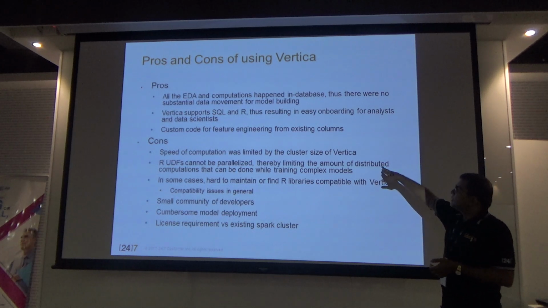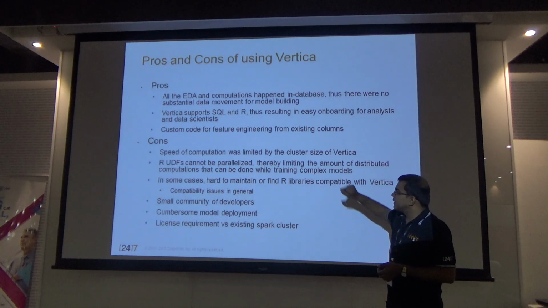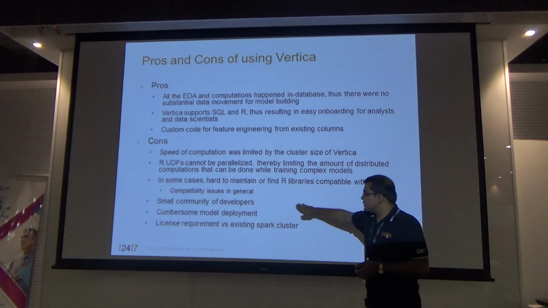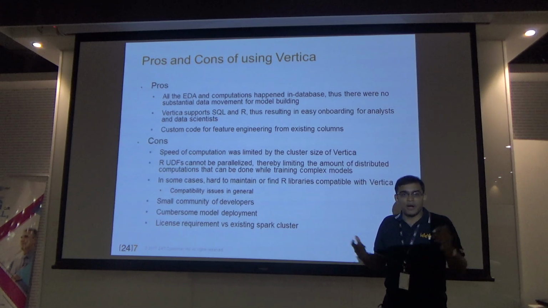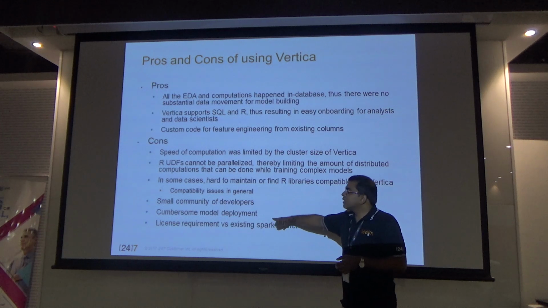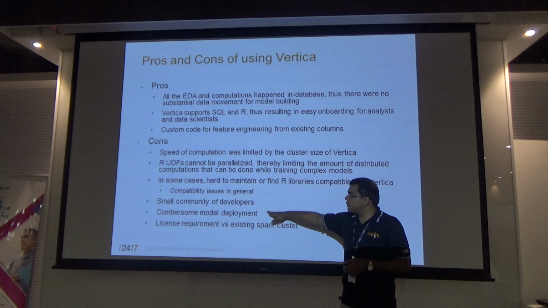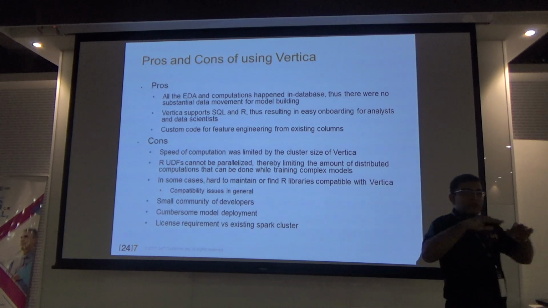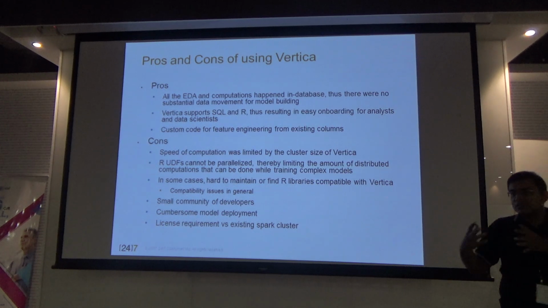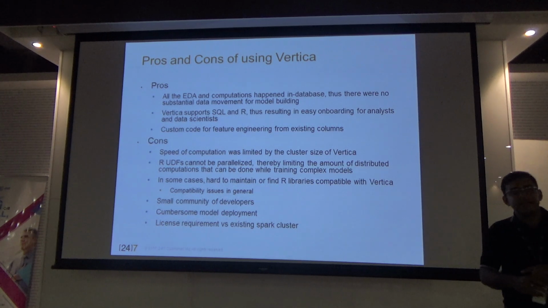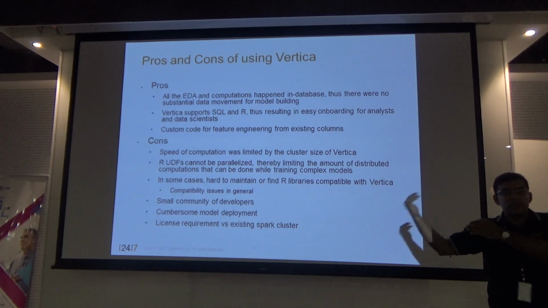So the cons were a couple of things, like speed of computation. These are technical. There was also a small community of developers. It's reasonably large, but still much smaller compared to, let's say, Spark. There was also a cumbersome model deployment workflow, because multiple bugs arose from data scientists working in one language and models going into production in a different language.